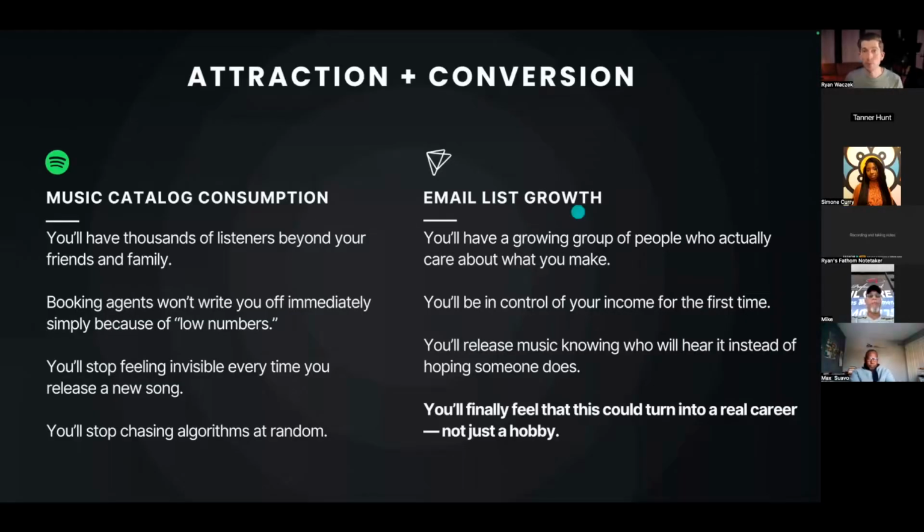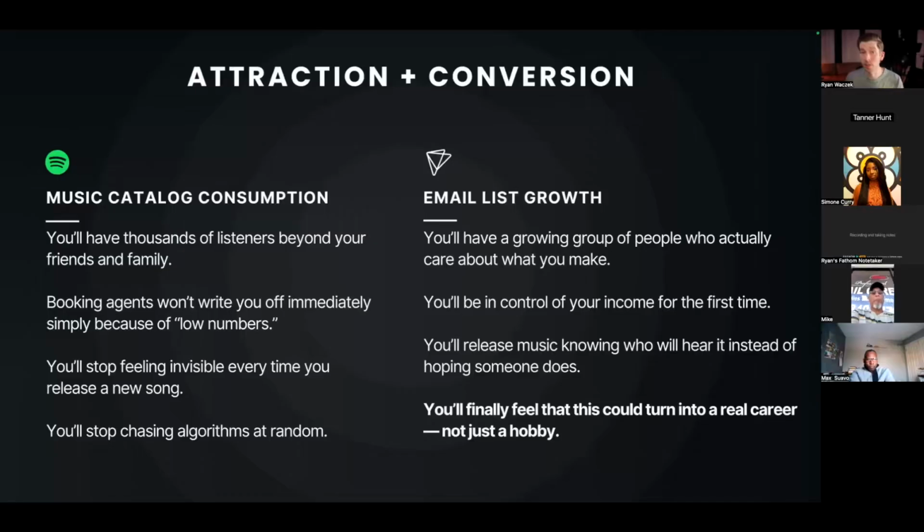And if you do both of these, you'll have thousands of listeners beyond your friends and family. Booking agents won't write you off immediately because your low numbers on Spotify won't exist anymore. You'll stop feeling invisible every time you release a new song because you're getting traffic and streams on that new music. And then you'll stop chasing algorithms at random because you're actually getting reliable traffic on your stuff.